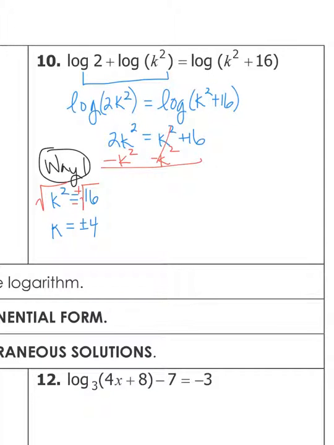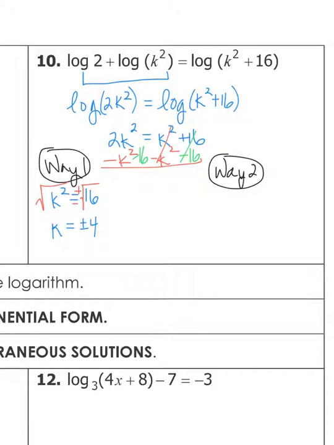So way 2 would involve factoring. So way 2, you would want to get one side equal to 0. So not only would we move the k squared over, but we would subtract 16 as well. So we would subtract 16 and subtract 16.